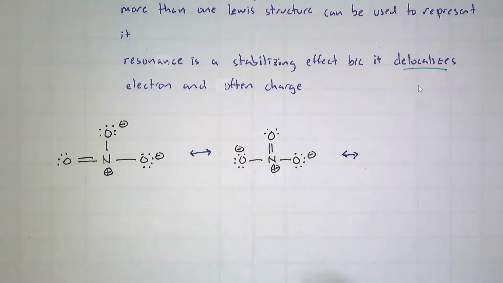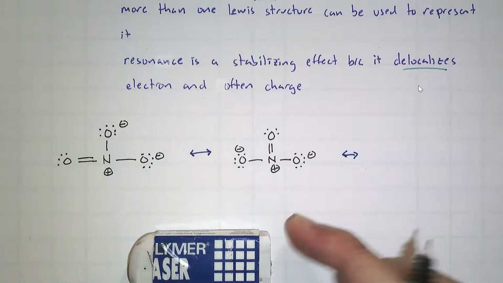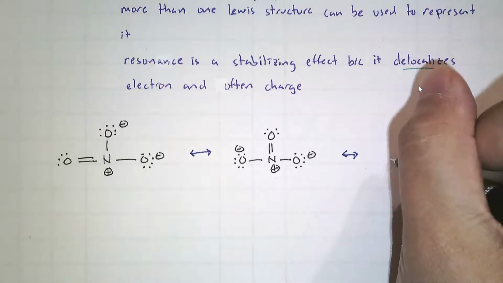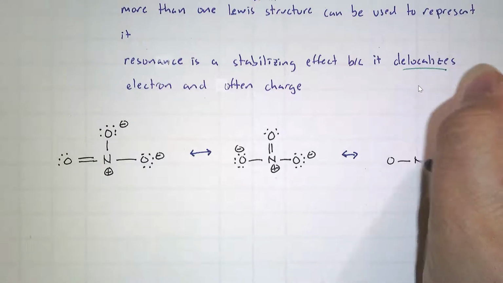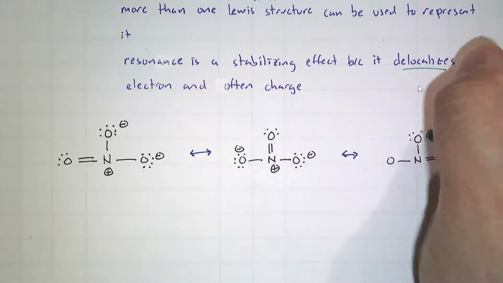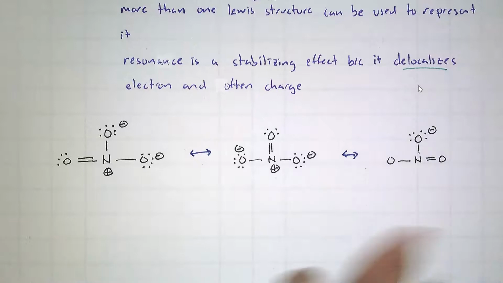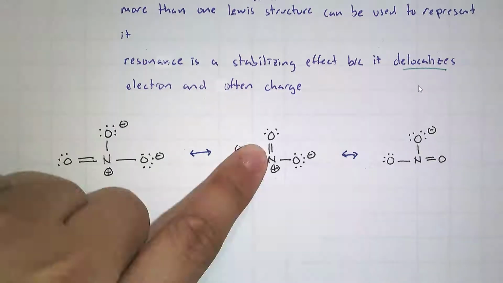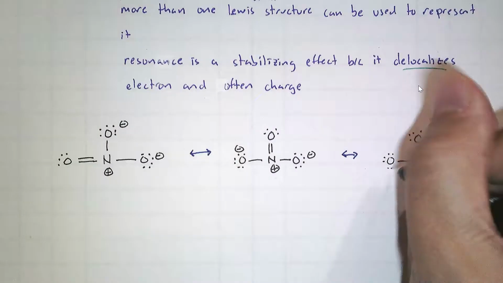Resonance is not just taking the same molecule and rotating it. Okay, let me draw the third one, and then let me explain what I mean by that. Because it really does look like all you're doing is rotating the molecule to get the double bond pointing from the left to the top to the right.